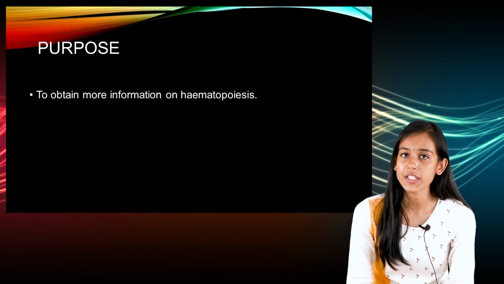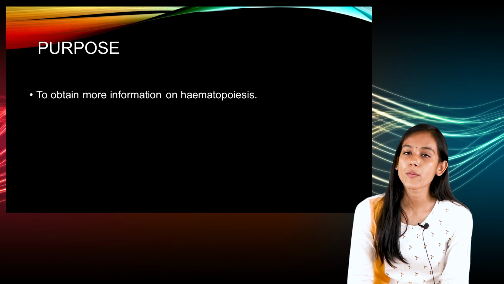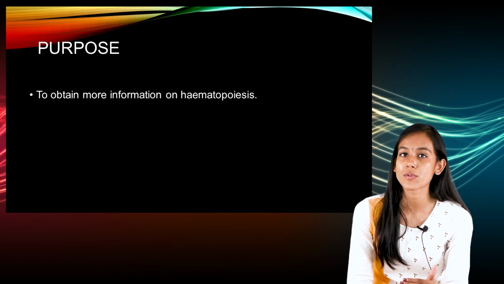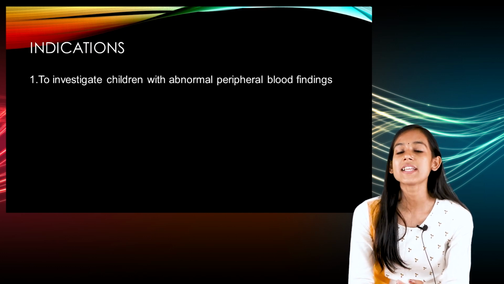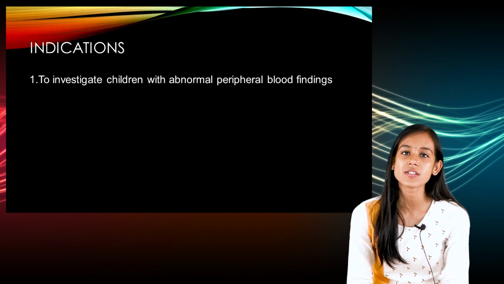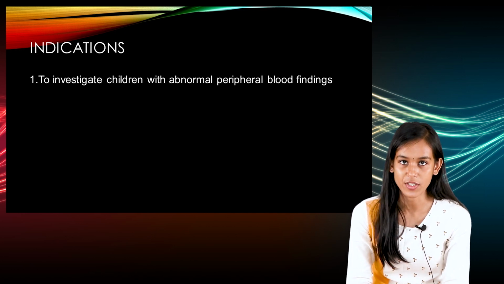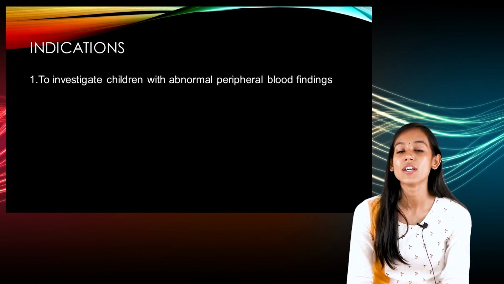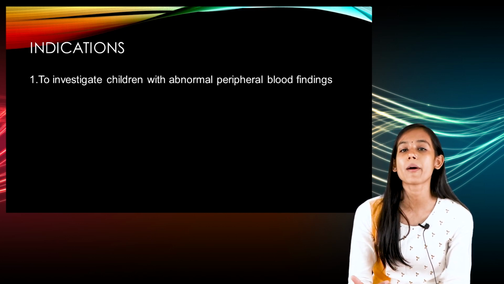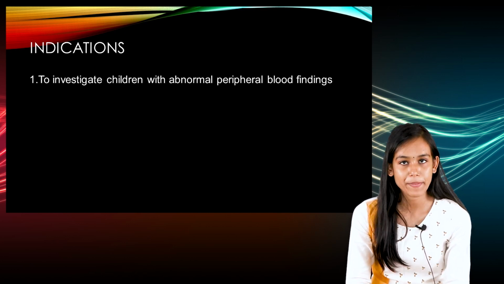Now we understood the purpose behind this procedure, why we want to do it. Next, let us learn what the indications are, that is, the conditions in which we rely on this procedure. The first indication is to investigate children with abnormal peripheral blood findings, for example atypical cells.